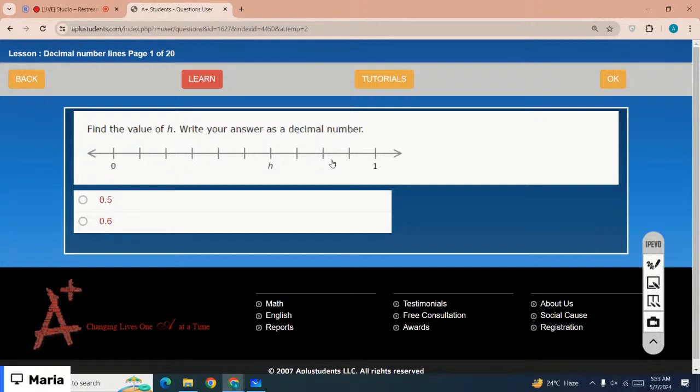Okay, find the value of h. Write your answer as a decimal number.